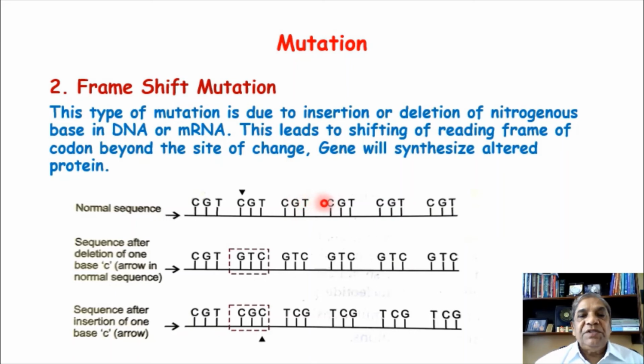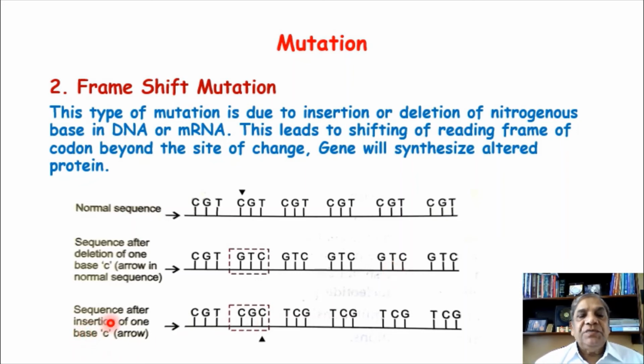So shifting has taken place throughout the downstream of this chain. So again GTC, which was otherwise CGT, now because of that shifting due to deletion of one nitrogenous base, a whole nucleotide.